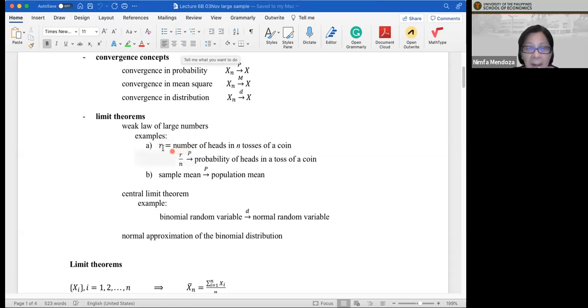Suppose R is the number of heads in n tosses of a coin, and we want the probability of heads turning up in a toss. Let us assume that we have a fair coin and the tosses are independent. So R over n, the number of heads in n tosses of a coin, is the sample proportion, right?